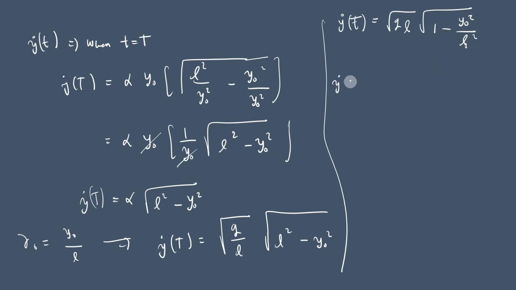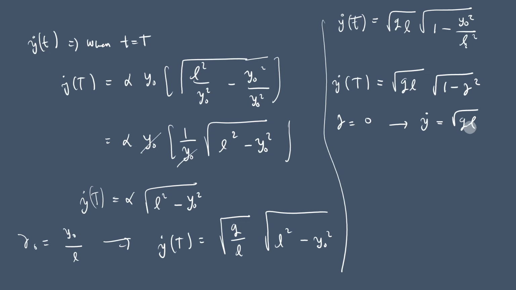So the velocity at time t is the square root of gL times the square root of 1 minus gamma square, and we get the condition that when gamma equals 0, the speed y dot equals the square root of gL. This quickly follows from conservation of energy, like the speed of free fall.